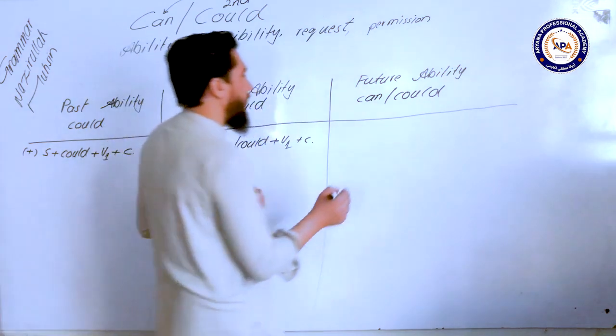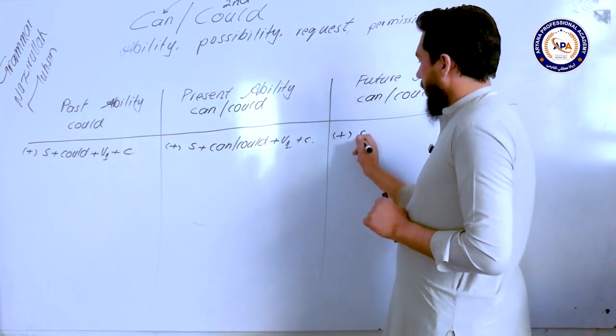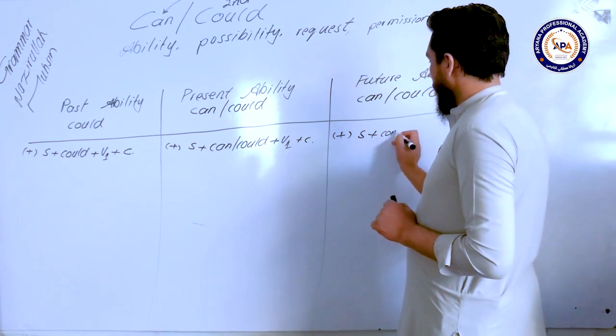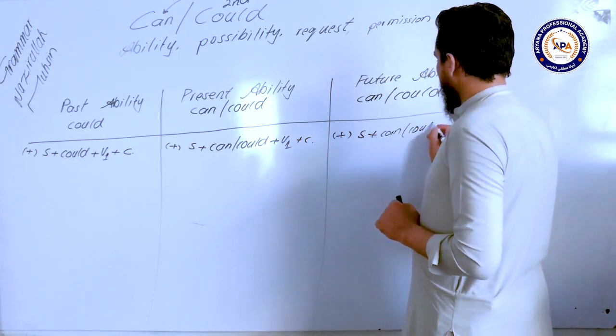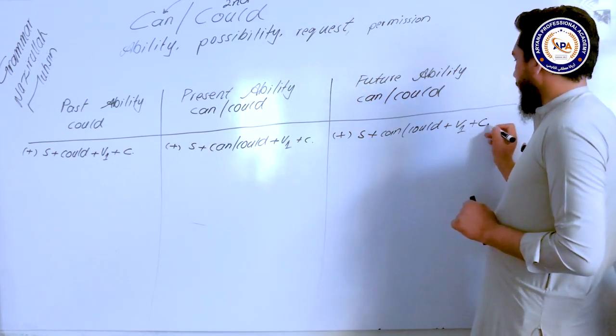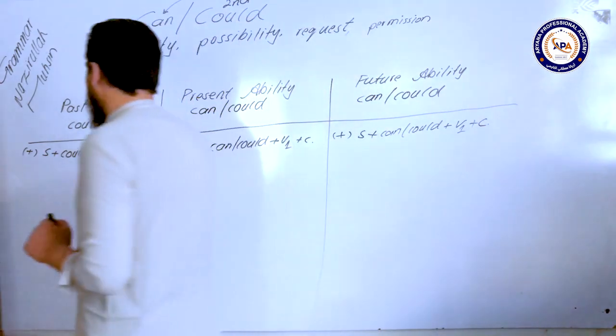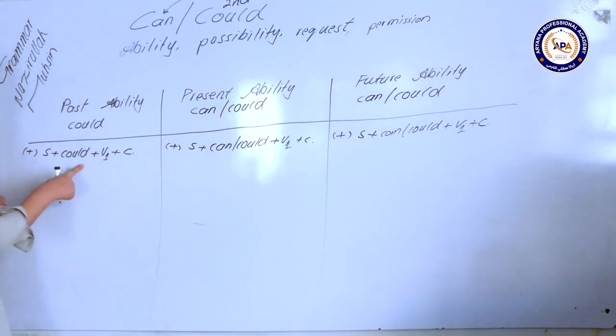And also for future ability or possibility, we use subject, then can or could, followed by the base form of verb, and then complement. It means there is no difference in the structures.